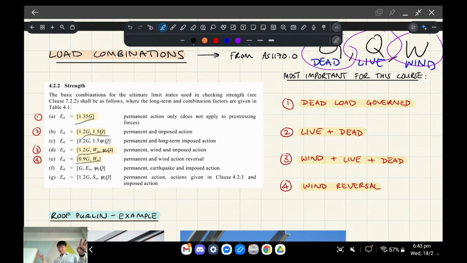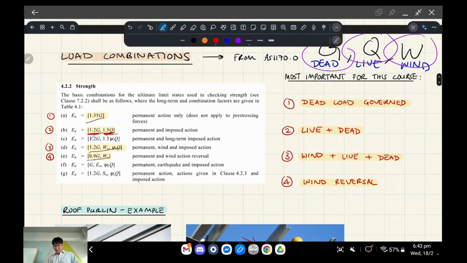That's scenario one. Scenario two, if we have dead loads and live loads acting together, we're going to exaggerate the dead loads by 20% and exaggerate the live loads by 50%. You guys see where that's coming from? That's coming from 1.2 and 1.5. Got it? Another one that we run into pretty often is the wind and live and dead loads.